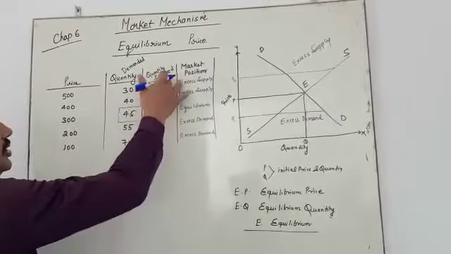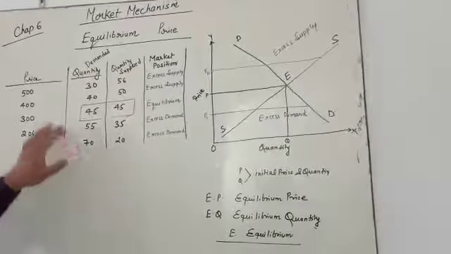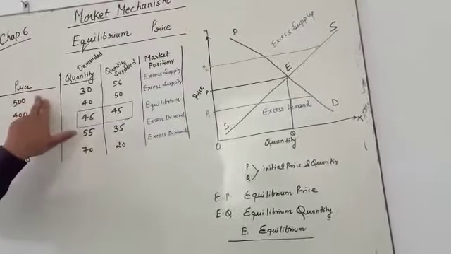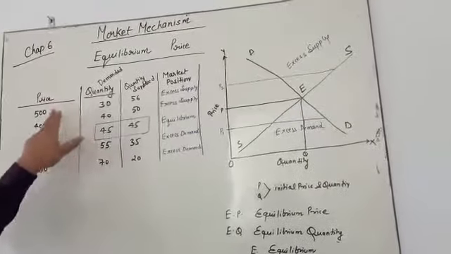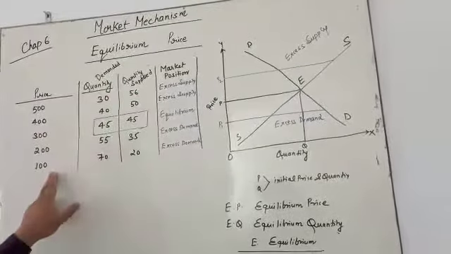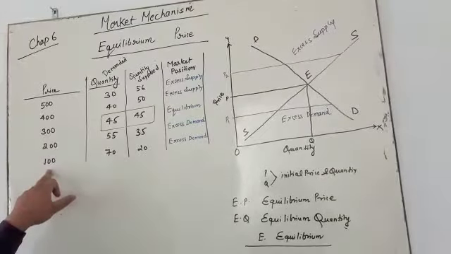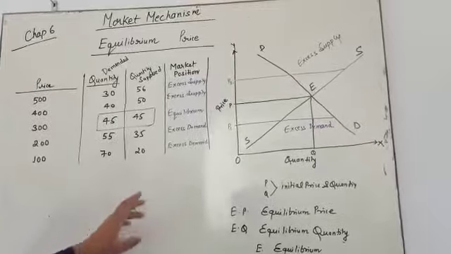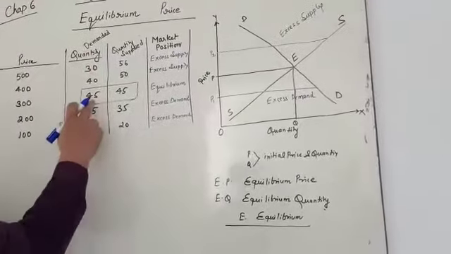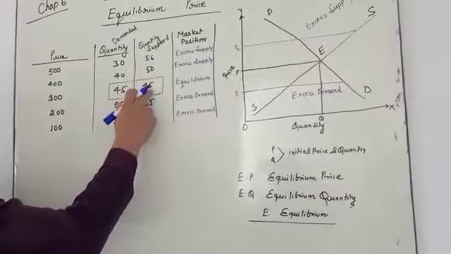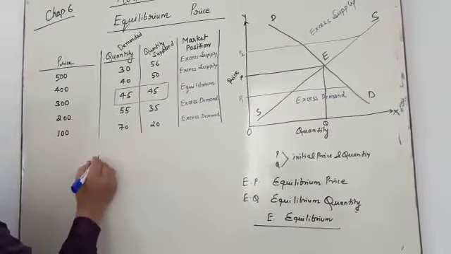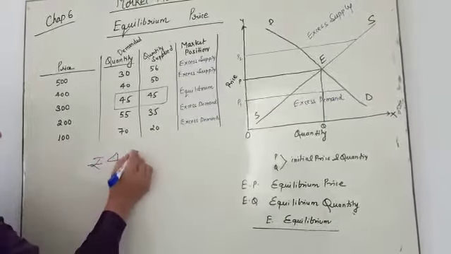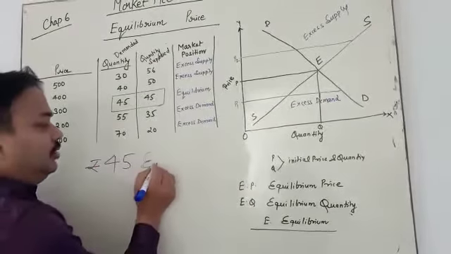It is opposite in the supply sense. When the price of the commodity is 500, the supply is more; when the price of the shirt is 100, the quantity supplied is 20. So here we observe that 45 rupees is the equilibrium position. This 45 rupees is the equilibrium price.